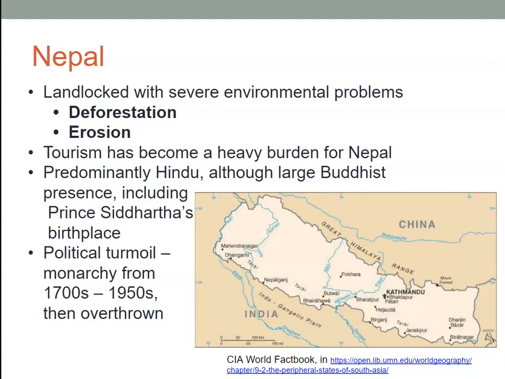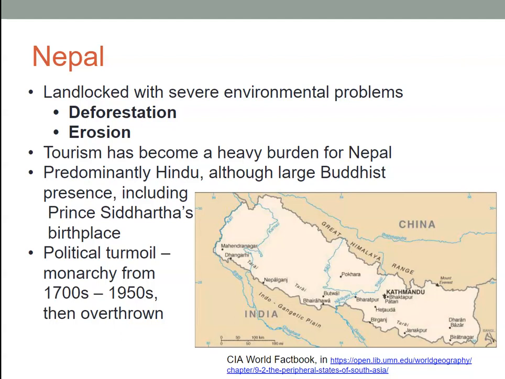If you die on Mount Everest, you usually are just left there. It's too hazardous to evacuate you. And it's a burden for Nepal to have people come in, destroy the environment, and then leave. And it's not like people are hanging out and shopping a whole bunch here in Nepal.